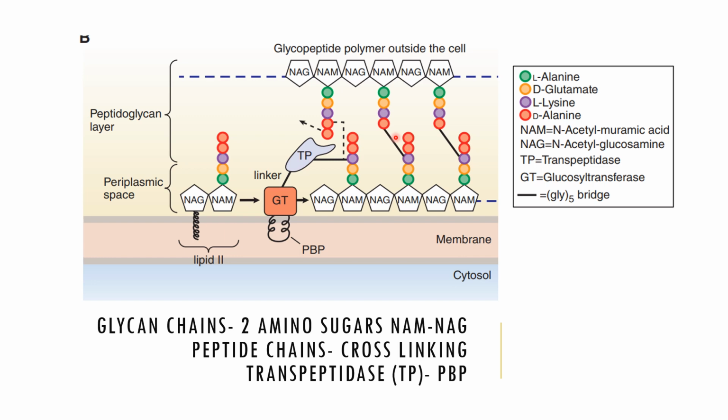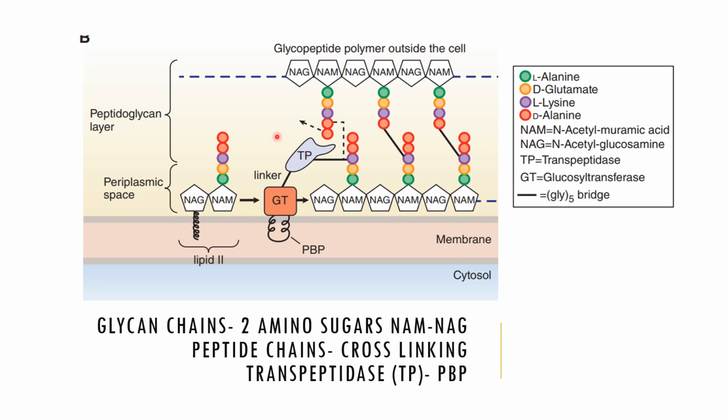So this bridge is formed by this very important PBP or penicillin binding protein, which is known as transpeptidase. This transpeptidase penicillin binding protein forms this bridge, and this bridge is formed between the fourth D-alanine and the third L-lysine.